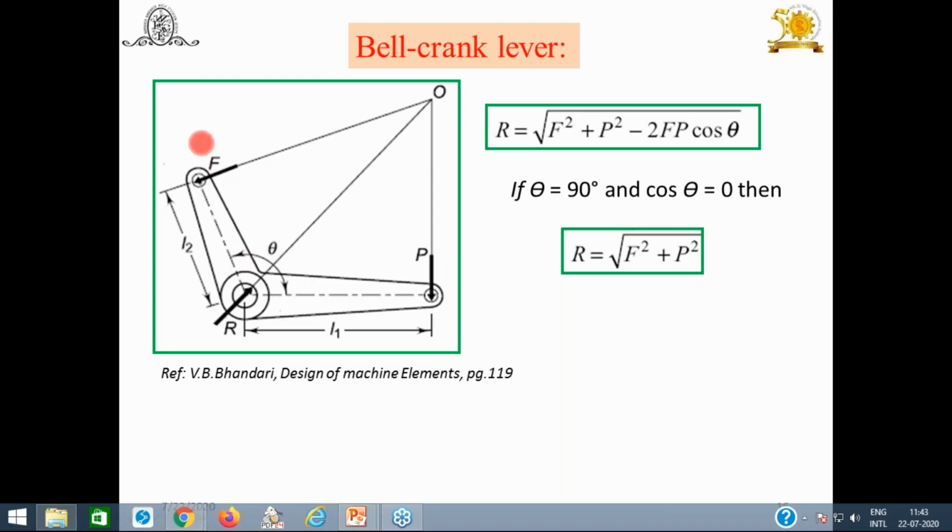And this load arm and the effort arm are having an inclination. They are situated at angle theta. Now here, this is the bell crank lever having some inclination, more than 120 degrees, which is shown. Look at this. I have taken this figure from V B Bhandari's book. That's why I have written reference here. And the other figures we have already constructed ourselves.